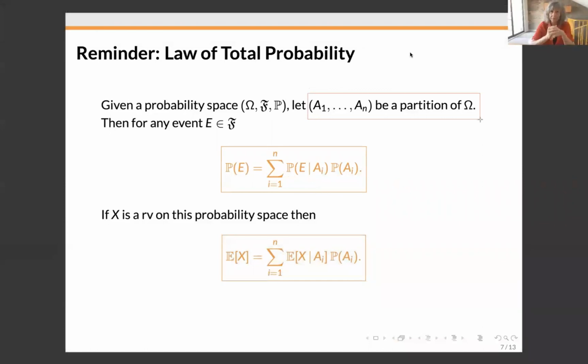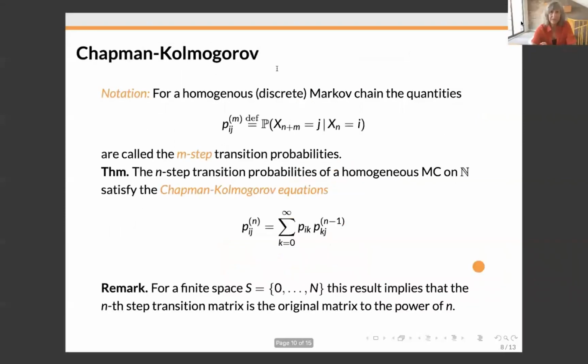For any event E, the law of total probability tells us that the probability of that event can be calculated as the sum of probabilities conditional on each of these sets. When we translate that into expectations, we can also calculate expectations using the law of total probability. We're going to be using this quite a lot, so you should keep that in the back of your minds.